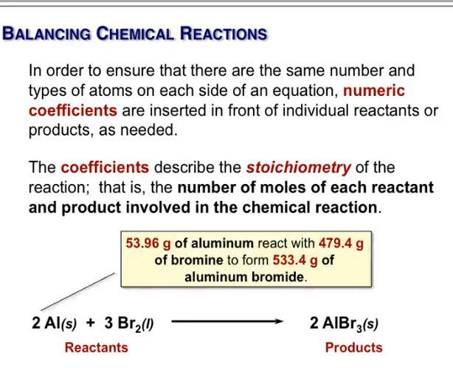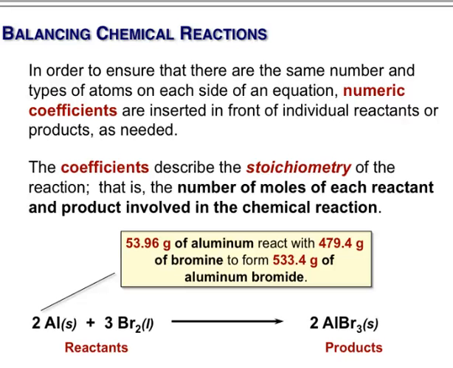Look at your periodic table, that's the molar mass of 2 moles of aluminum, reacting with 479.4 grams of bromine to give us 533 grams of aluminum bromide.